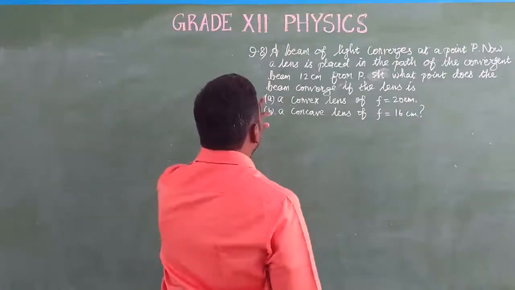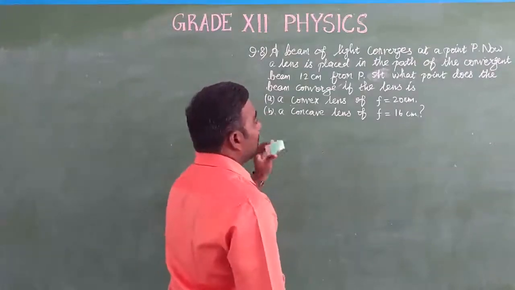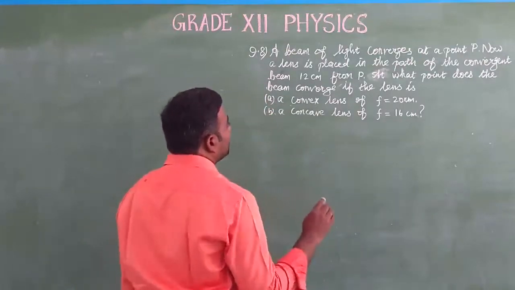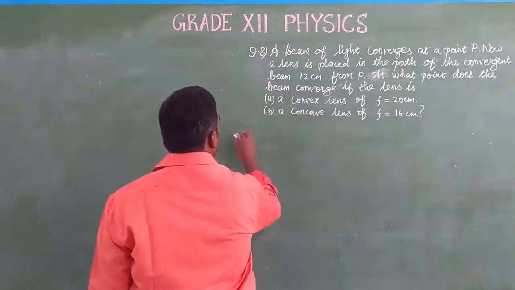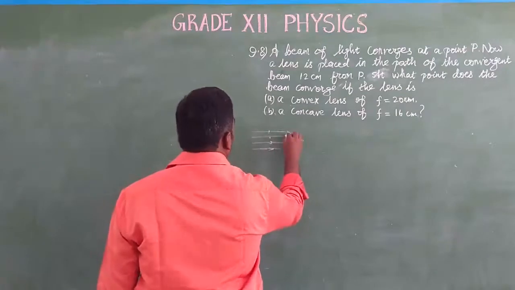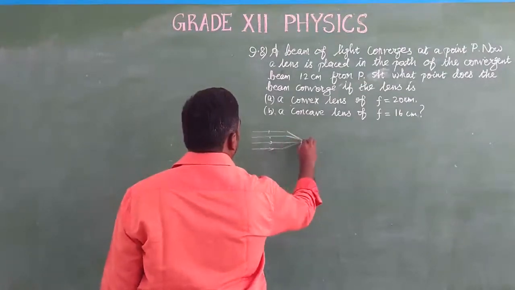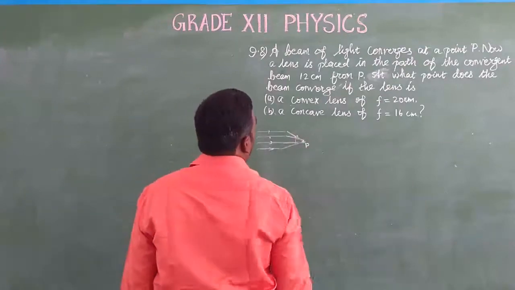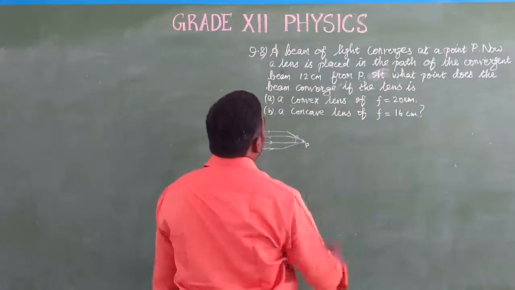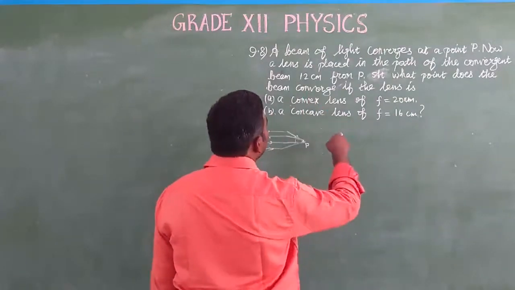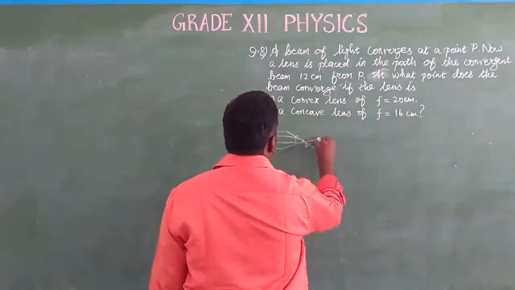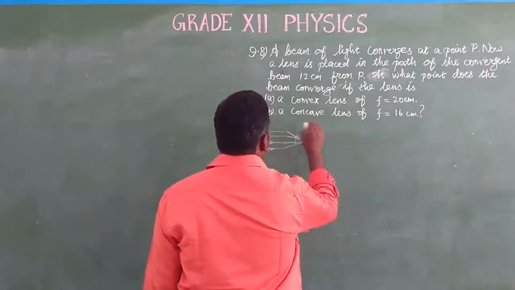In this question, a beam of light converges at a point P. Now a lens is placed in the path of the convergent beam, 12 centimeter from P. From this convergence point, we place a lens.